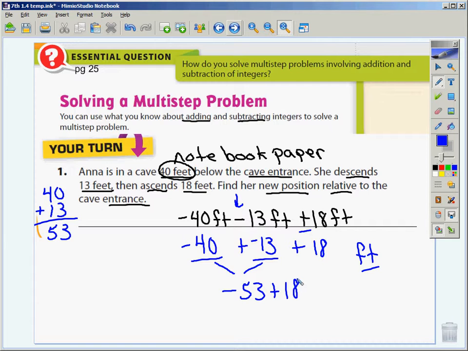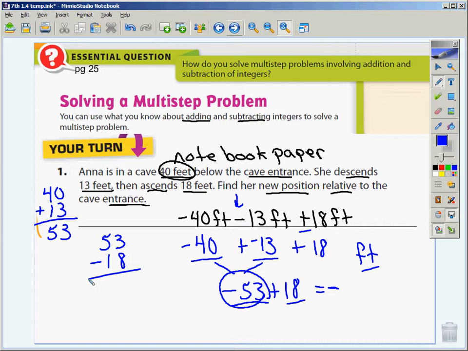The two integers that are left, a negative 53, a positive 18, they have different signs. So I keep the sign of the one that has the larger absolute value, which is a negative 53, and I would subtract. So I would take 53 and subtract 18 from it.